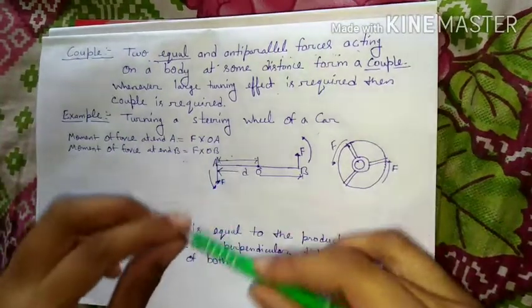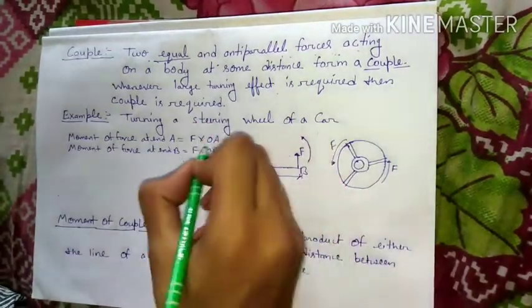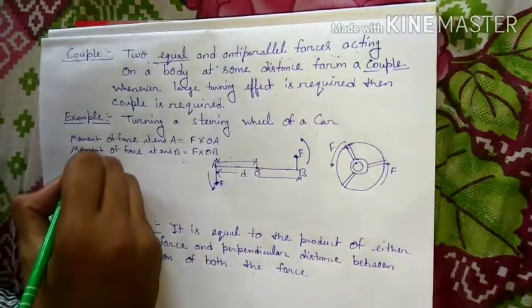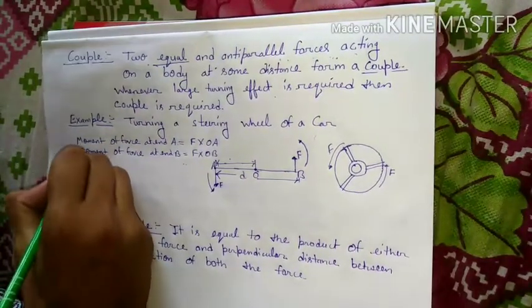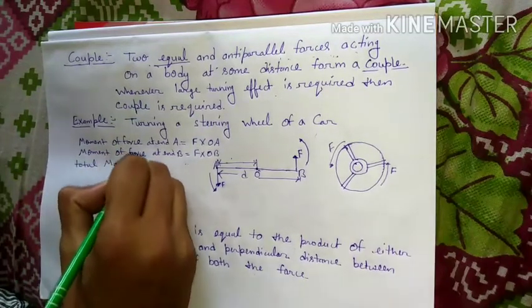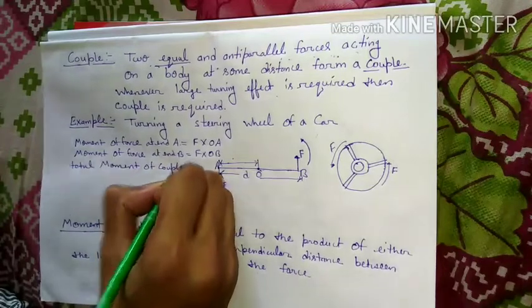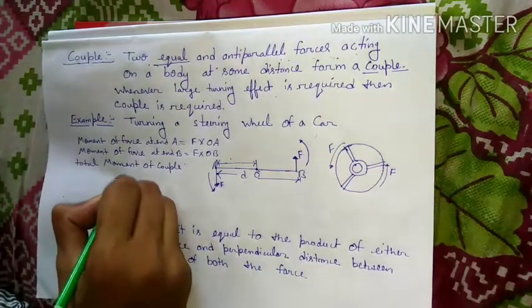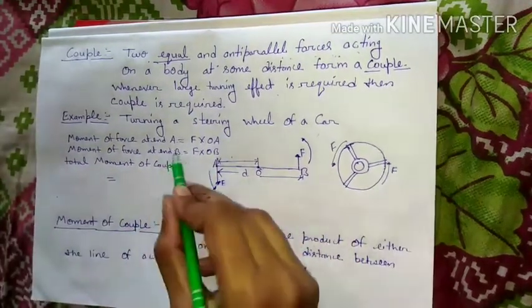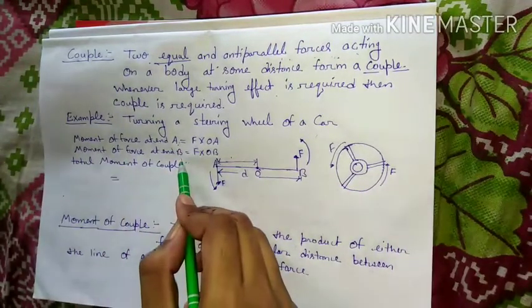But both act in the same direction, and the total moment of couple will equal the moment of force at end A plus the moment of force at end B.